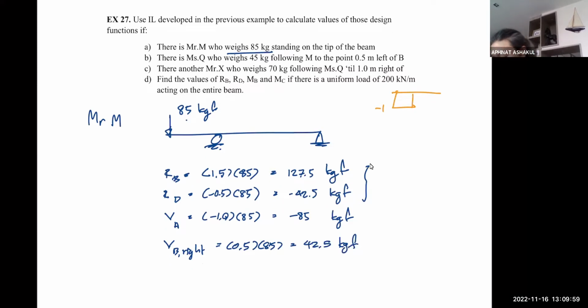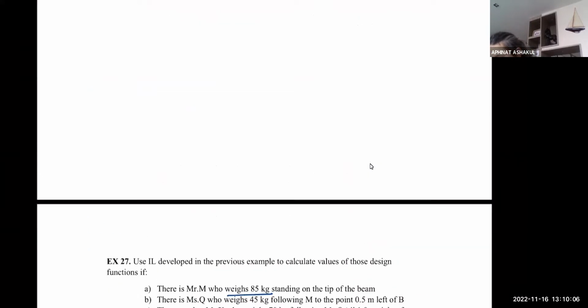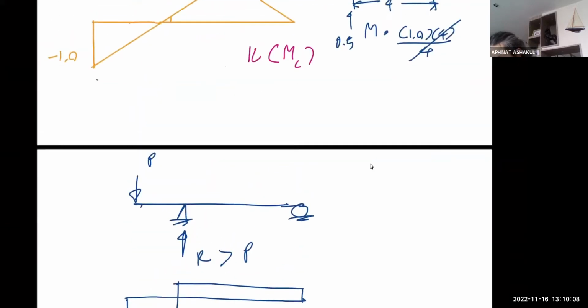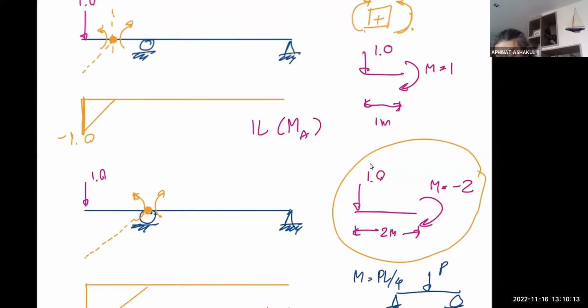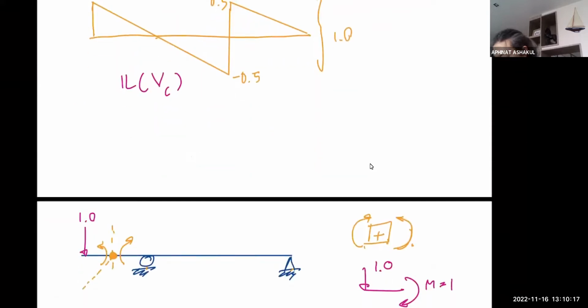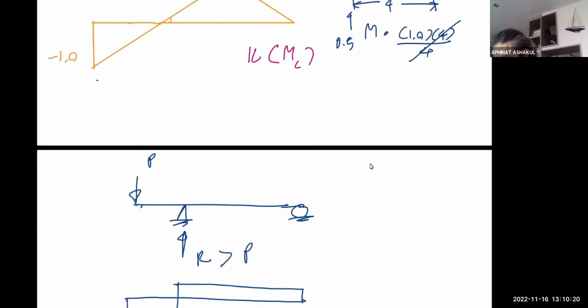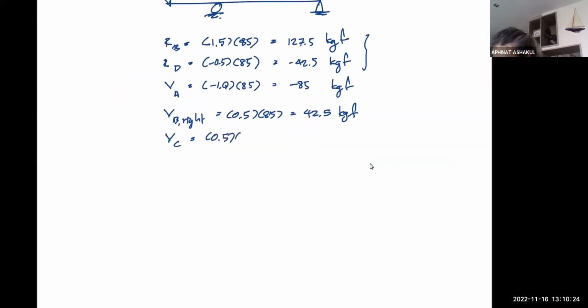And now VC, right? VC is essentially this one. So again, it is 0.5. You see? 0.5. 42.5.